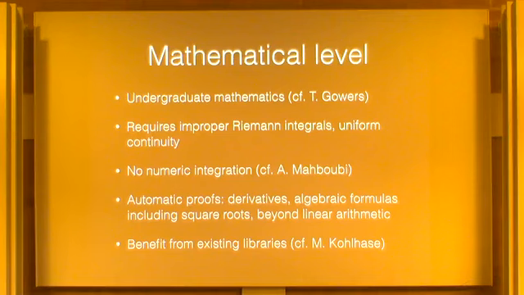So it's a bit too bad if you have an automatic tool that only works on the fixed set of basic operations on real numbers. And because there's a lot of square roots and squares and things like that, you need to be able to work beyond the capabilities of linear arithmetic. So if you want to see what I mean about this, I invite you to come and discuss with me.